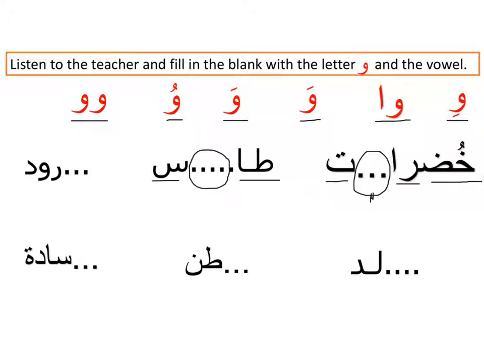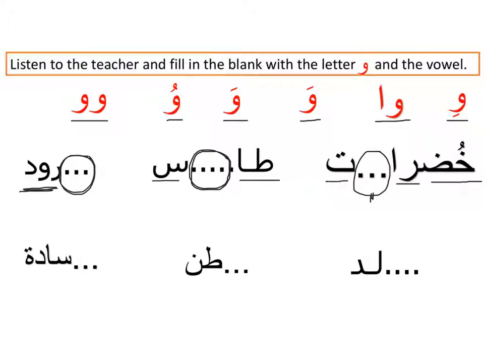The one in the circle is woo. Next one is rude. So it's here inside, simple woo.